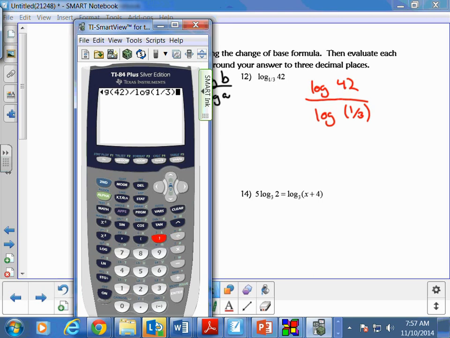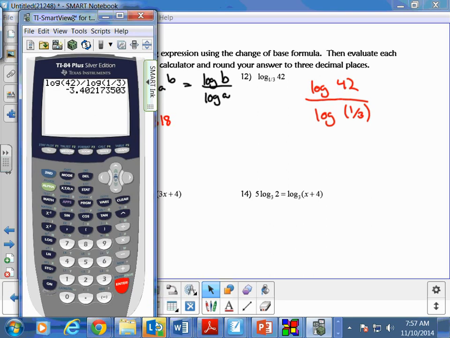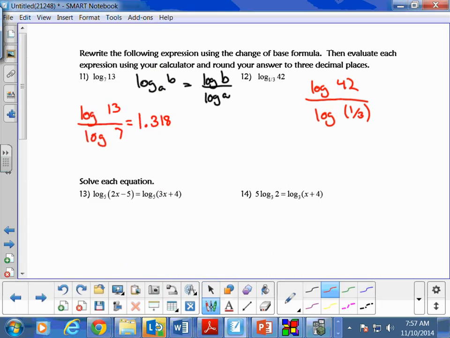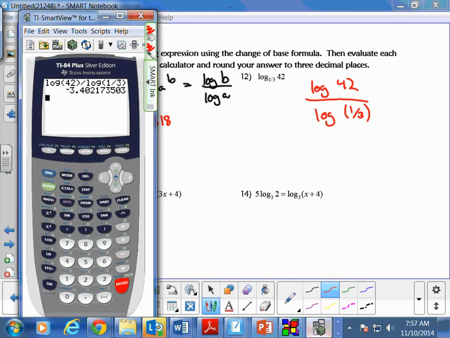Like this, and we end up getting negative 3.40 as an answer. So let's write that down. This is really equal to negative 3.402. Remember, every time, please round to 3 decimal places.